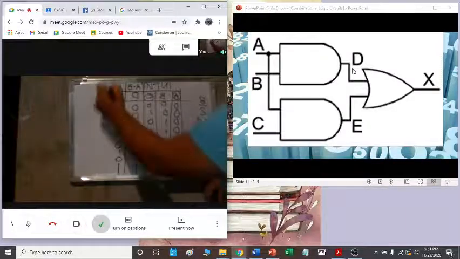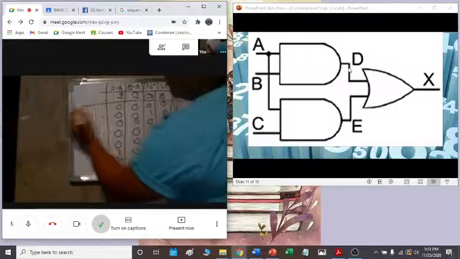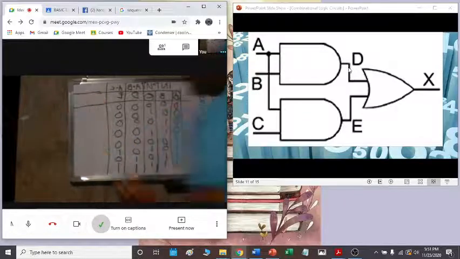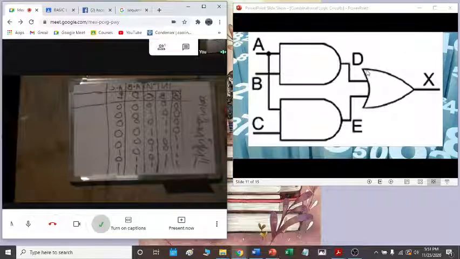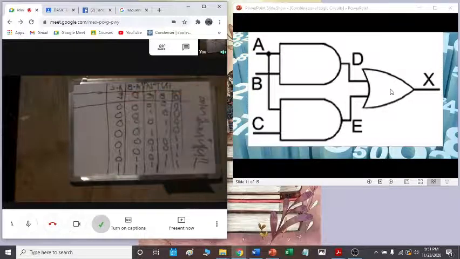So let's go to our last output, which is the output of your OR gate. So your inputs are the outputs of your AND gates, which here are B and E. So these will be the inputs of your OR gate.